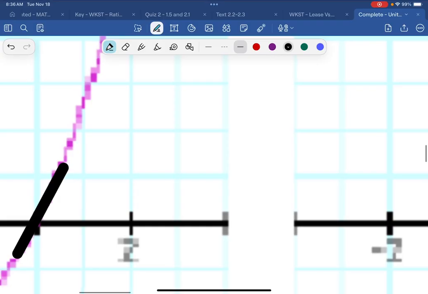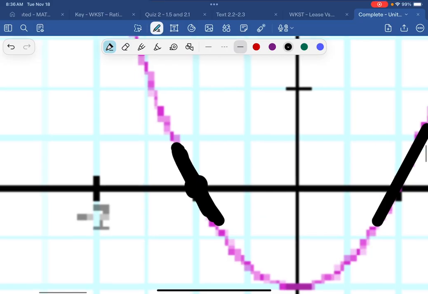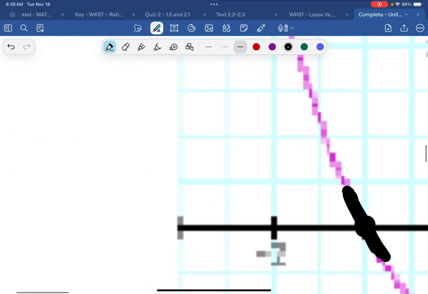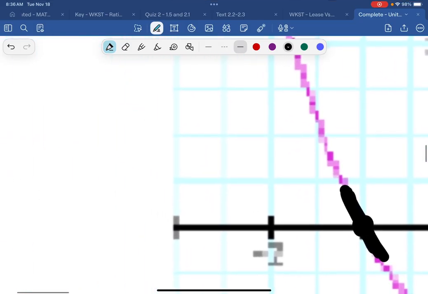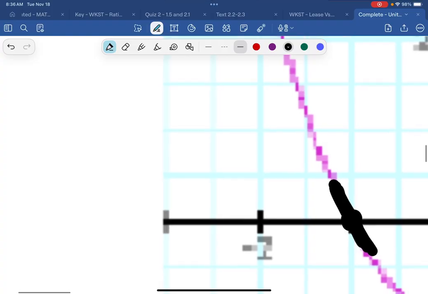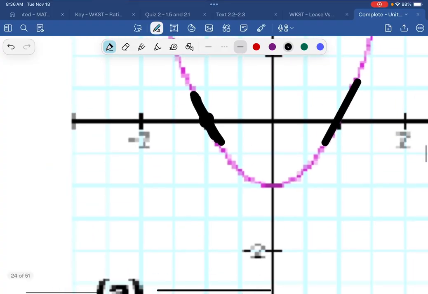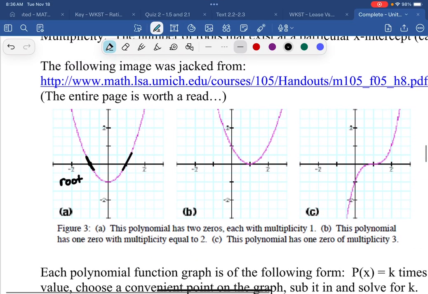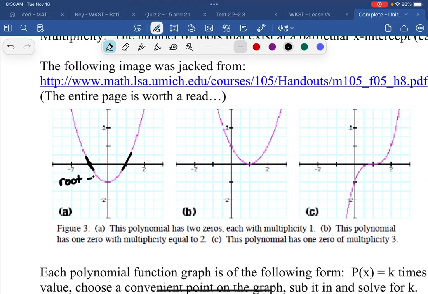I'd say it looked more linear than any other part of the graph. Same idea for this side. It looks more like a line around that x-intercept. So this would have a root of -1 with multiplicity 1. This one would have a root of +1 with a multiplicity also of 1.